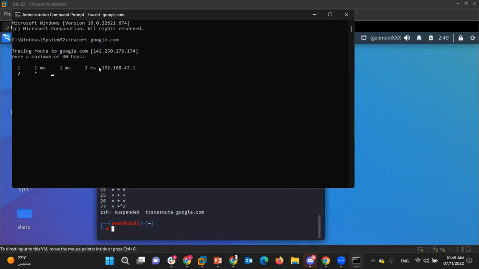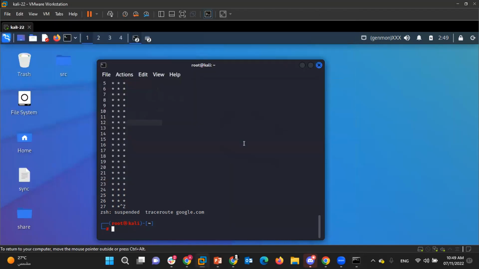This is my IP address, not my IP address, but the gateway, or maybe my IP address, but I think it's a gateway. My IP address goes to my gateway, and then after that, it closed. It cannot be traced. So we should go another way to collect more data. In Linux, it is quicker than this.